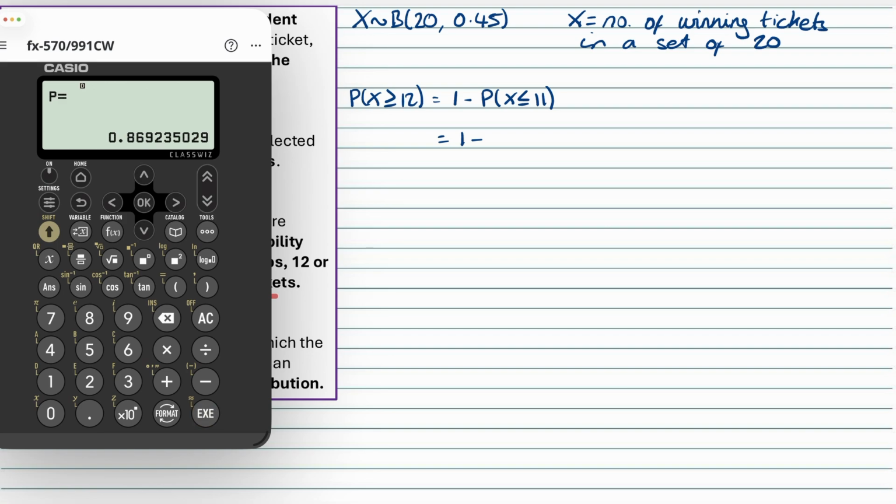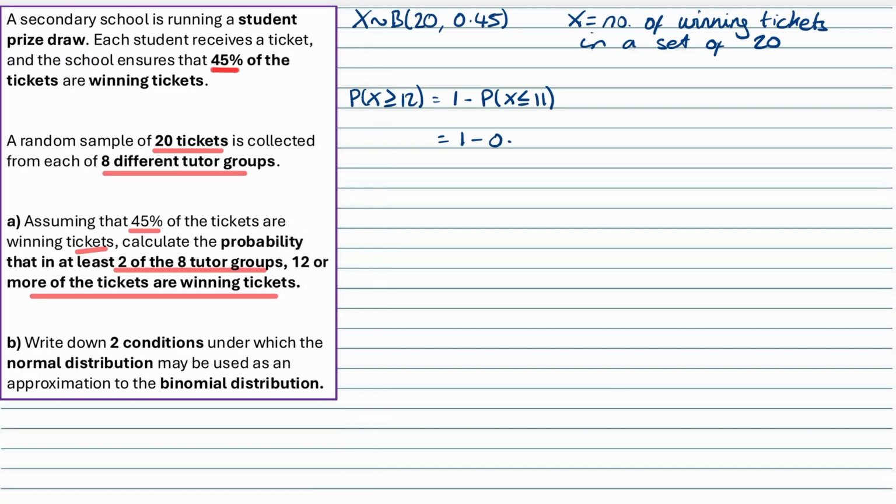So we'll have 1 minus 0.869. And we can work this out and we get 0.1307. So this is the probability of getting 12 or more winning tickets in a set of 20. And we can use this probability for the next part.